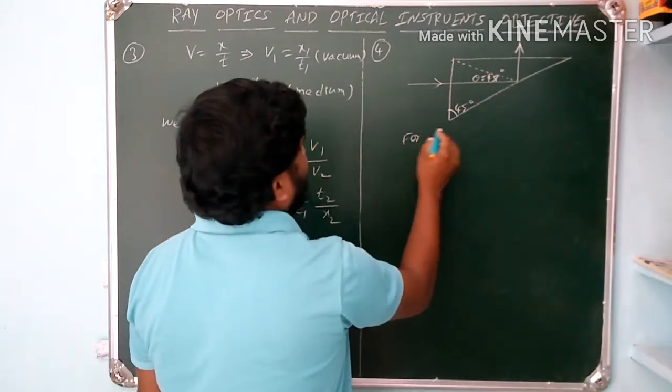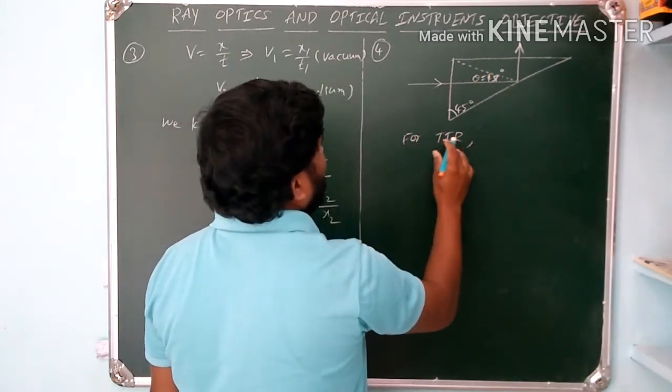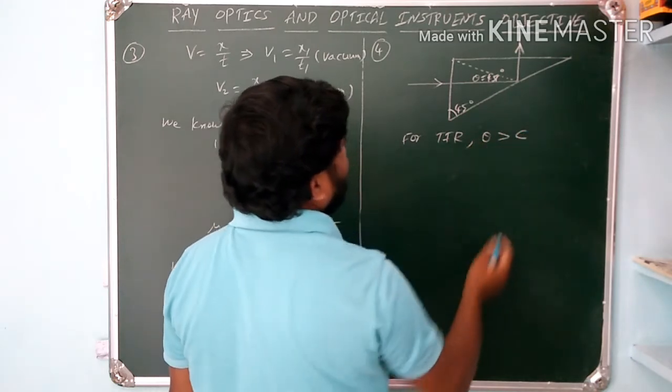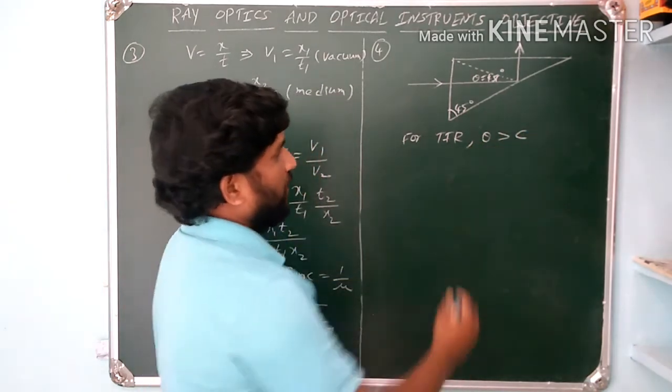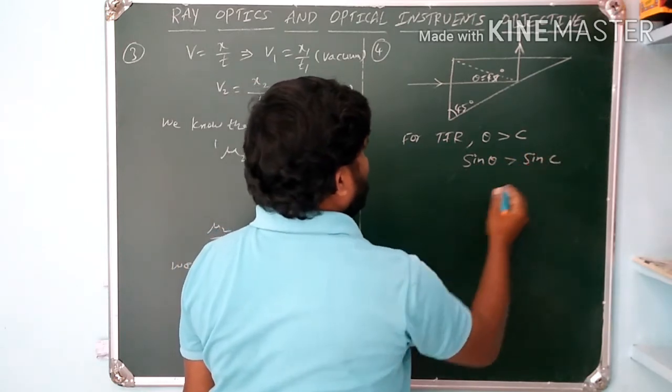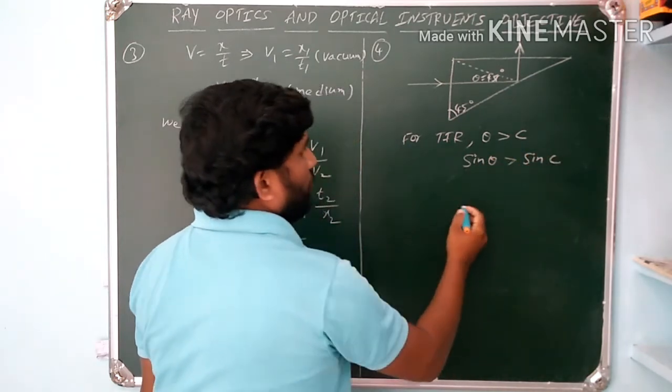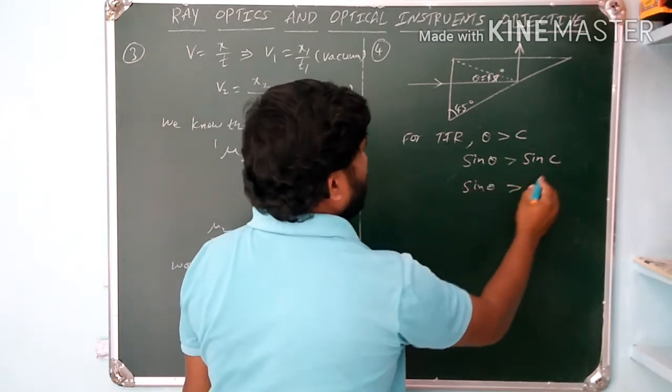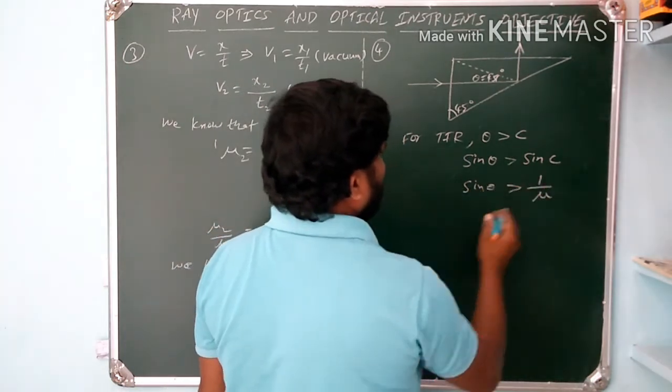Here for total internal reflection, TIR, theta is greater than the critical angle. Apply the sin function on both sides: sin theta is greater than sin c. Now we know that sin c we can write as 1 by mu.